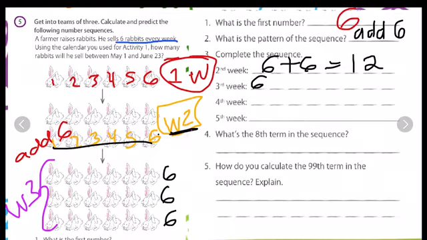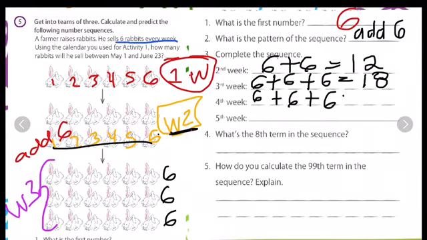So week 3, this farmer sells 6 plus 6 plus 6 equals 18. So that means that on week 4, he has 6 plus 6 plus 6 plus 6 equals 24. Okay?